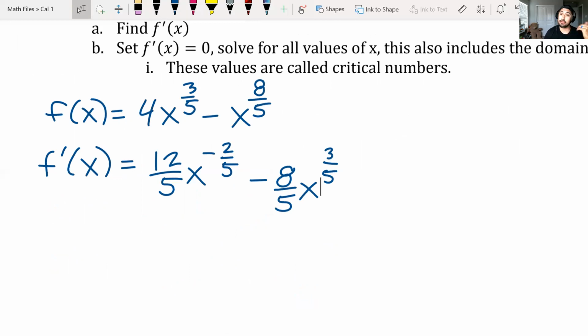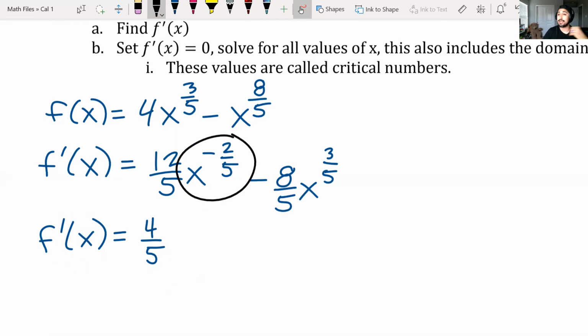So maybe we should make it look pretty before we set it equal to 0. Let's make this look pretty. I can factor out a 4/5, and at the same time, I'm going to take out the smallest x power, which is x to the negative 2/5. So I'm going to take out a 4/5 x to the negative 2/5.